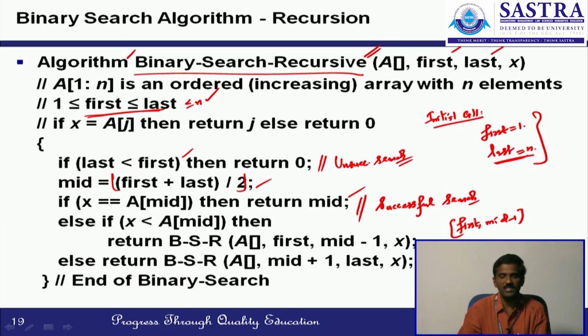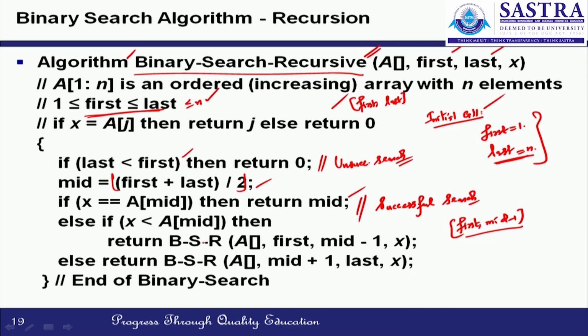For the initial search range, first comma last, we have made this initial call recursive binary search A array comma 1 comma n comma x. Now, since the search range is reduced to first to mid minus 1, the actual parameters are updated. Return binary search recursive.